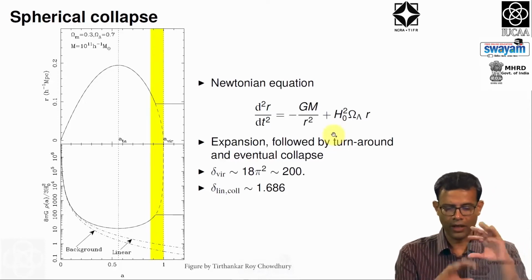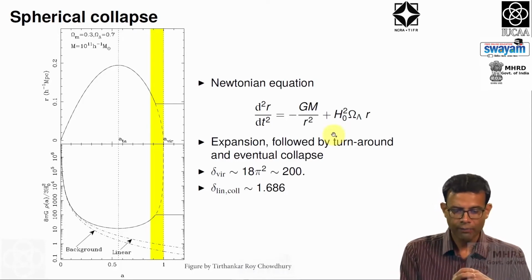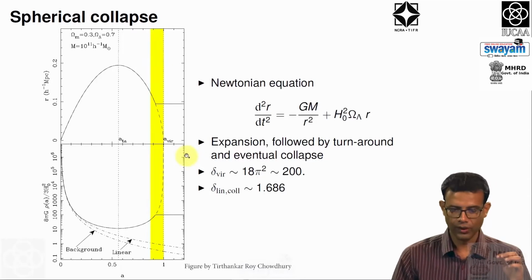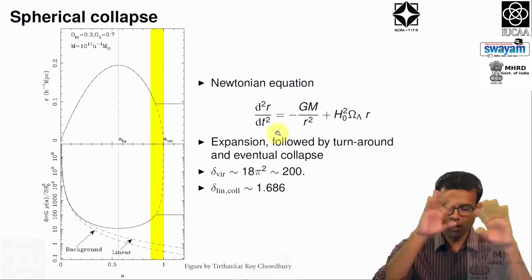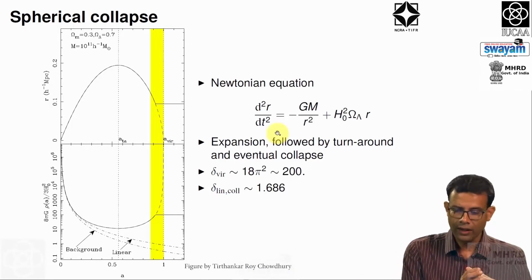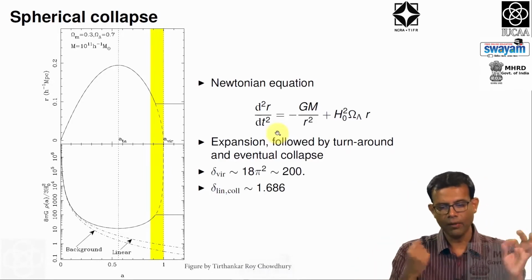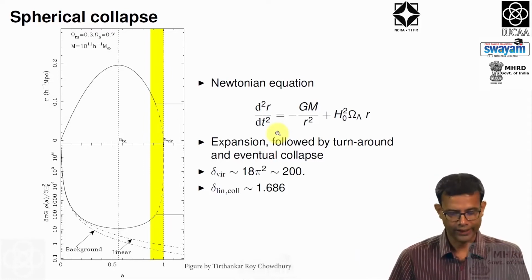So, there is some kind of a randomization happening. So, the whole system effectively what we call virializes. Okay. So, it is not this simple spherical solution anymore. Maybe the overall shape still remains spherical, but inside the particles are moving in all sorts of directions.